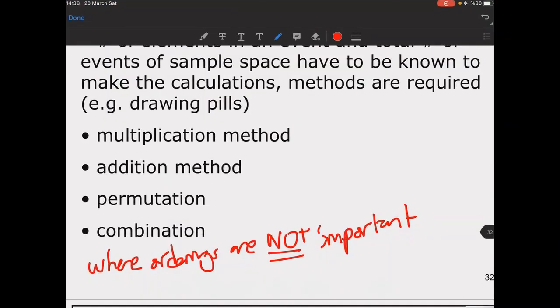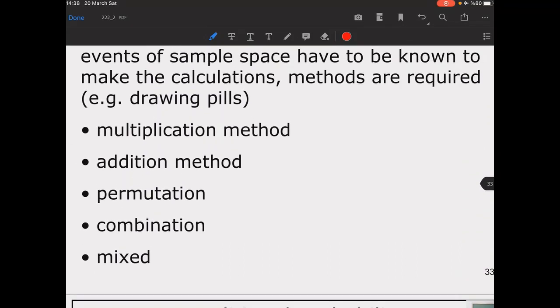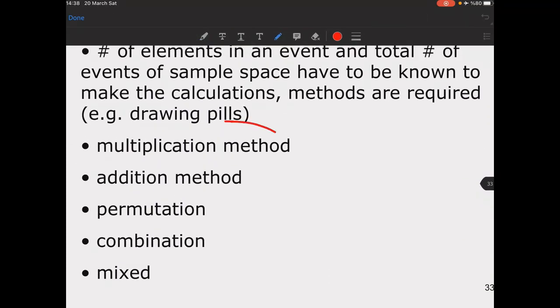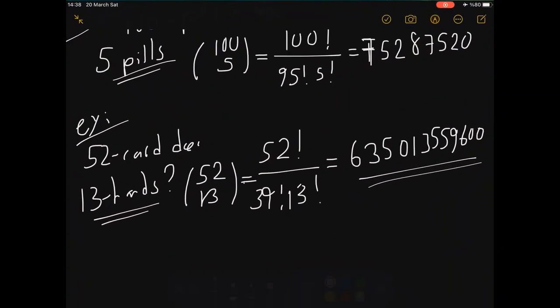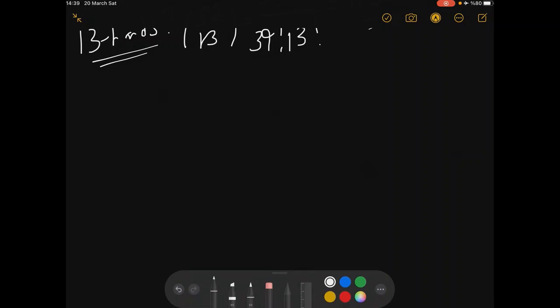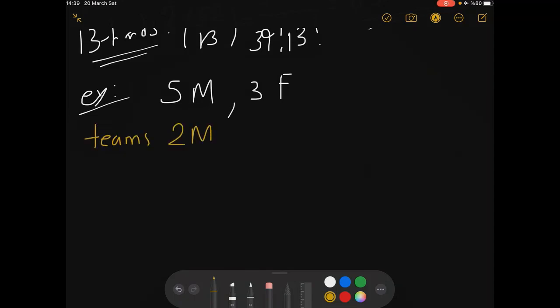Now we usually have mixed forms as well, where we combine all of them together where required, but carefully, of course. Let's take a look at some examples to understand where they can be useful. For example, suppose that you have 5 males and 3 females, and you're trying to form teams consisting of 2 males and 1 female. How do you do it?